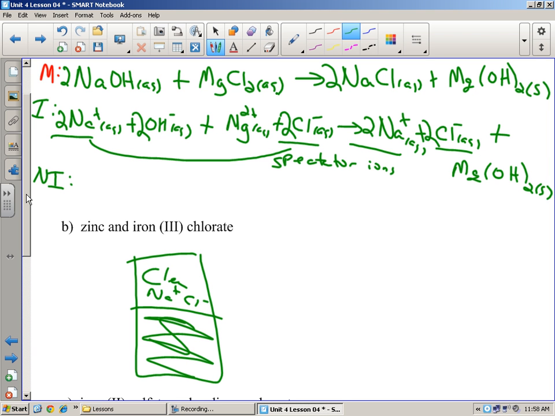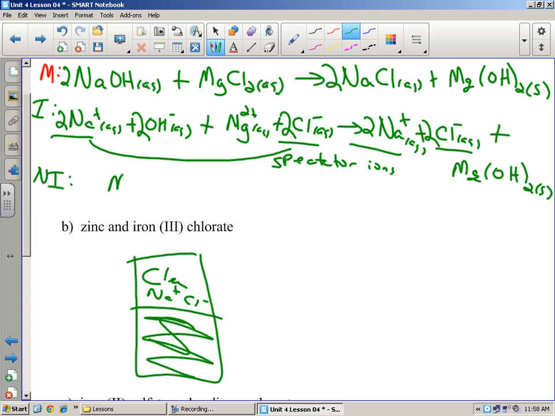The net ionic equation says what's actually happening here. What's the overall equation that's being involved here? And the sodium and chloride ions are the same on both sides. So basically they're watching the rest of this main event here.